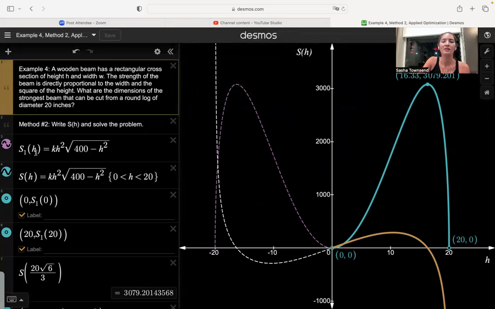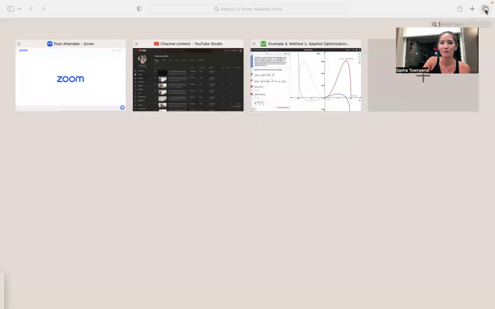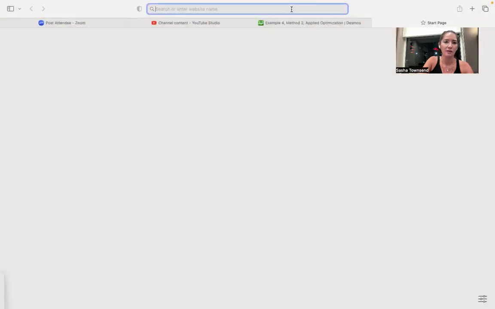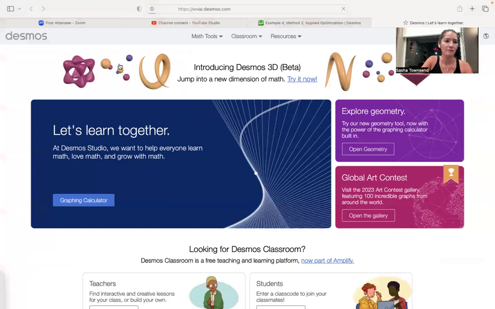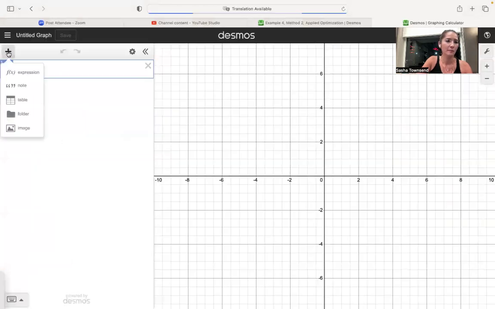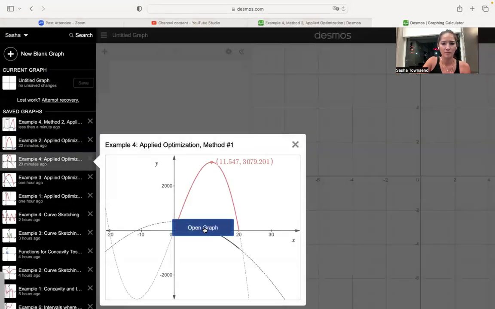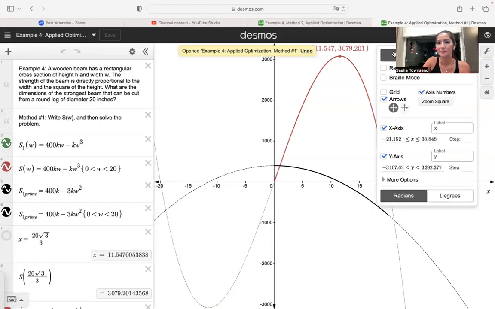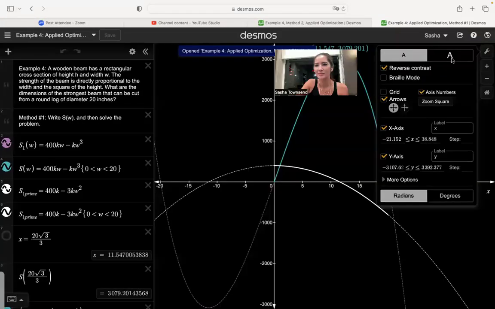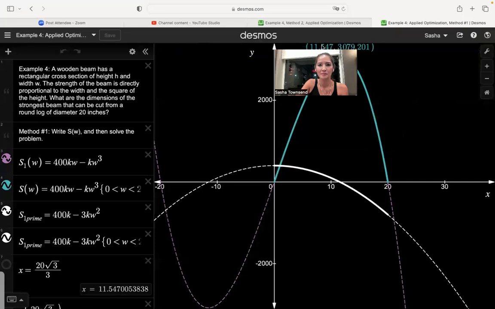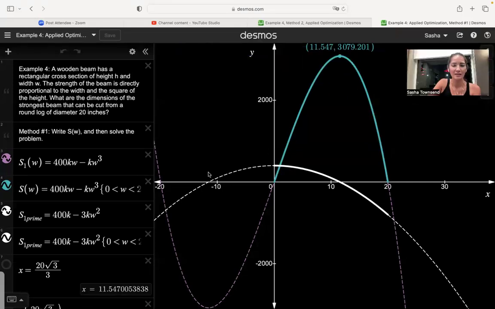Rather than finding the strength as a function of h, in the last video, we found the strength as a function of width. So we can look at that now. Just want to show you. And here we used that cubic function, the cubic polynomial.